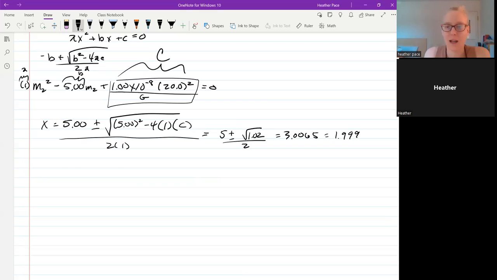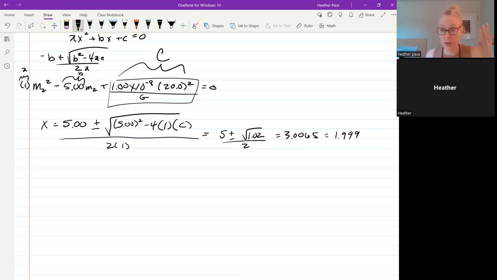So how can it have two values? It can have two values because gravity doesn't care what direction it's in. And so you're either going to have M1 being here or M2 being here. So M1 and M2 together have to equal 5.